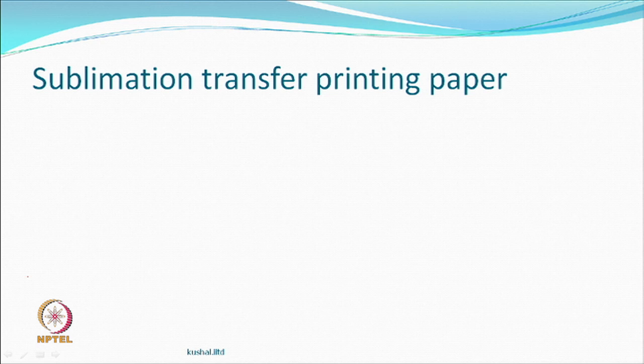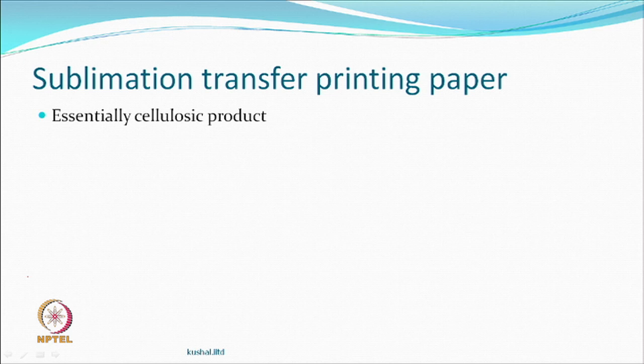So, if you want to print any details, then on a smooth surface it is easy to design and develop prints which have fine lines, finer prints, which is more difficult as far as textile is concerned, because the textile surface is a very rough, undulating surface, and so from that point of view there will be some advantage.